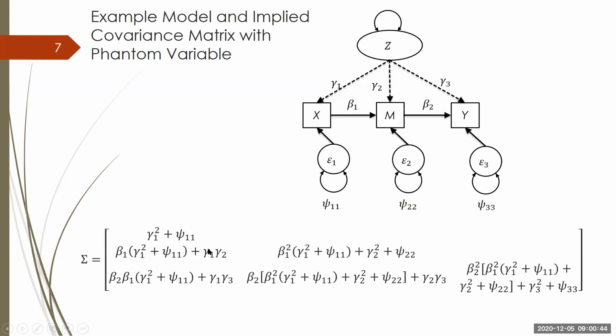And then we have again here the sensitivity parameter, which would be the effect of z on x and the effect of z on y. So you can see how the implied covariance matrix changes quite a bit because now there is this confounder here. So the sensitivity analysis is the idea of evaluating the changes that would result from this omitted confounder.